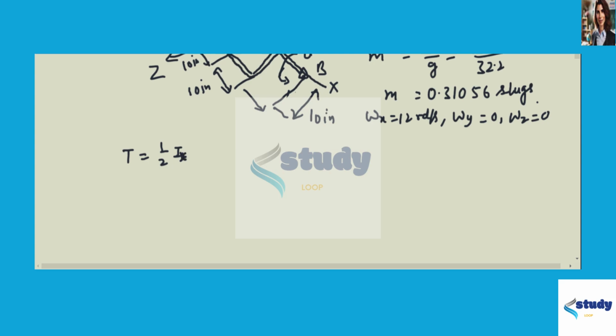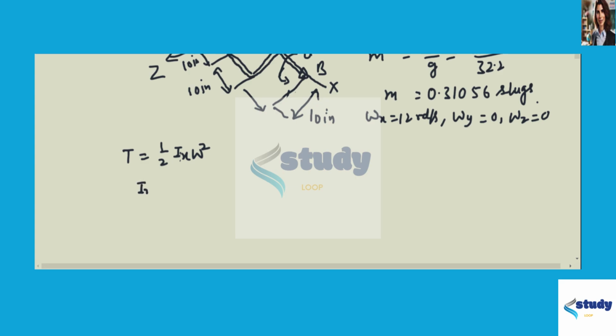So for the moment of inertia, the total energy will be half Ix omega square, because Iy and Iz are 0, so those terms become 0.